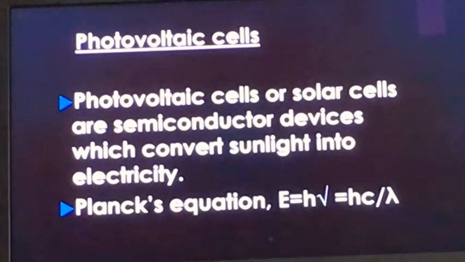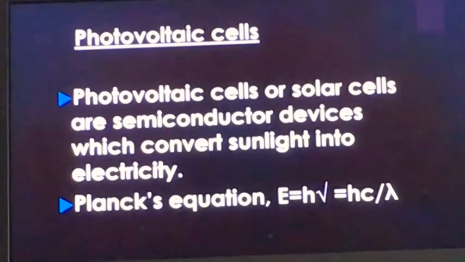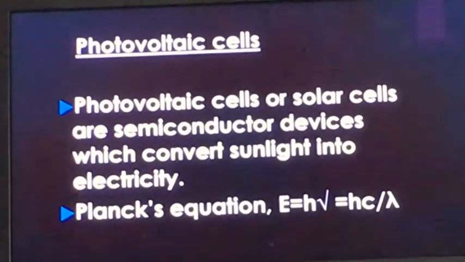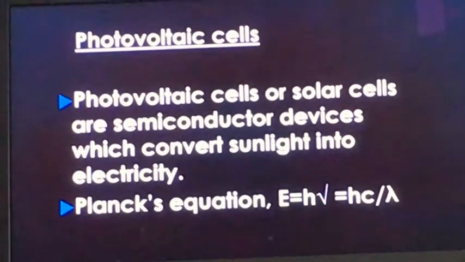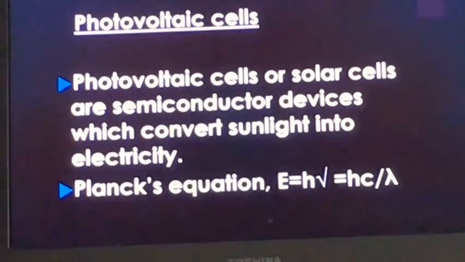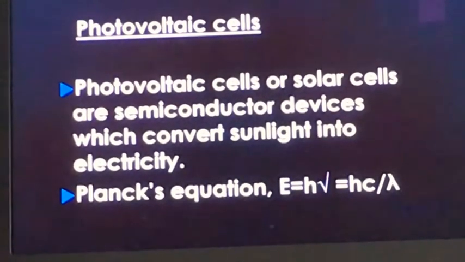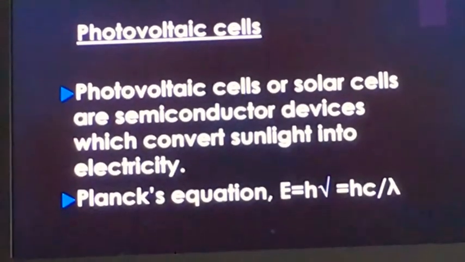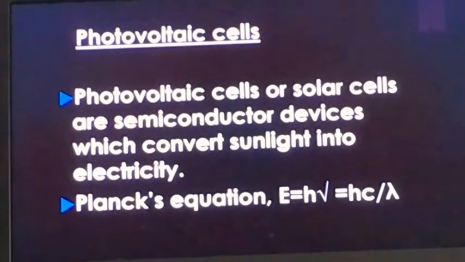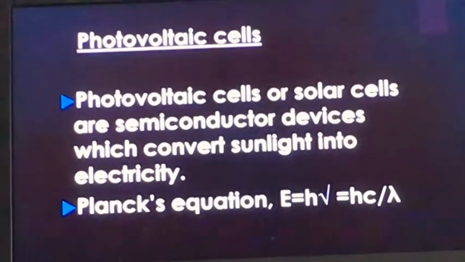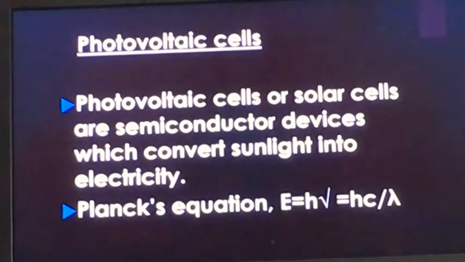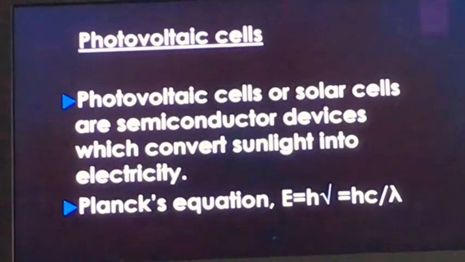Now let us see photovoltaic cells. What are photovoltaic cells? Photovoltaic cells are solar cells, made up of semiconductor devices which will convert sunlight into electricity.